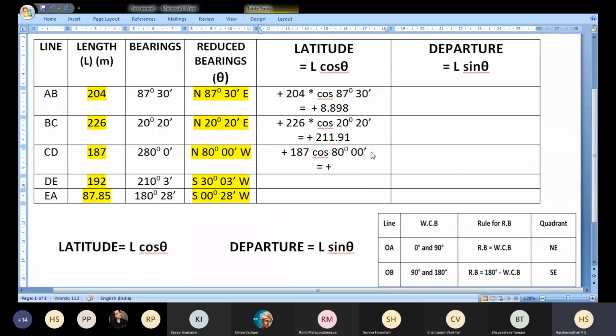So its latitude will be 32.47. I hope all of you are getting the same answers.